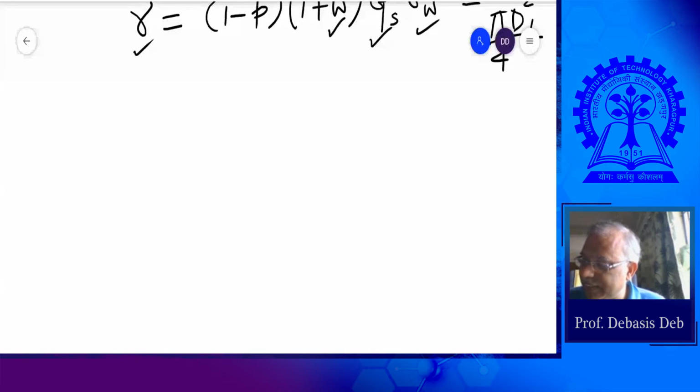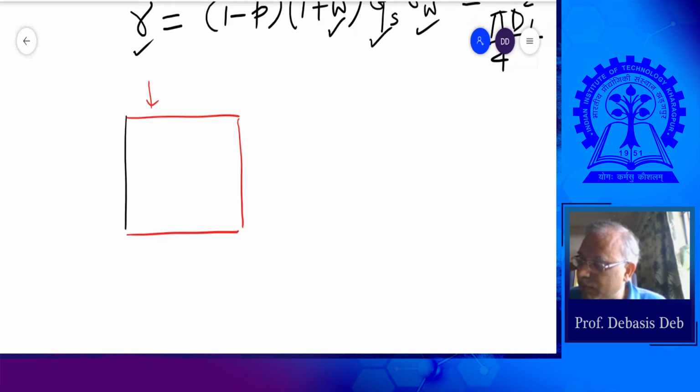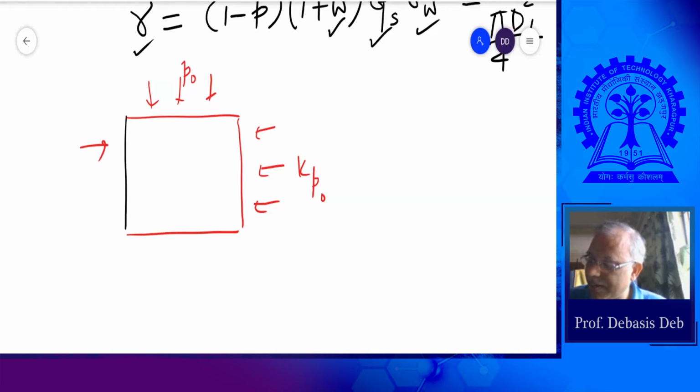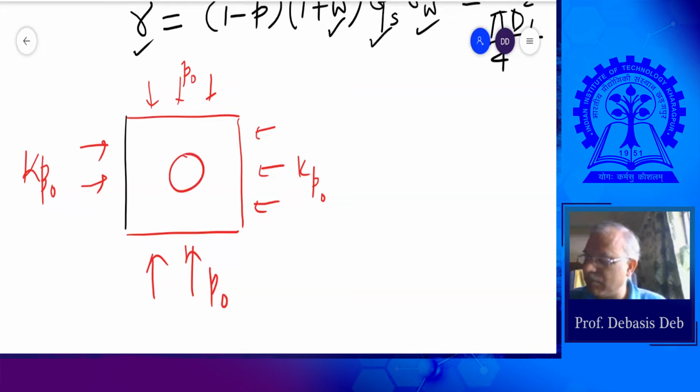So this is P naught and this is K P naught, and the circular hole is here with some radius a.